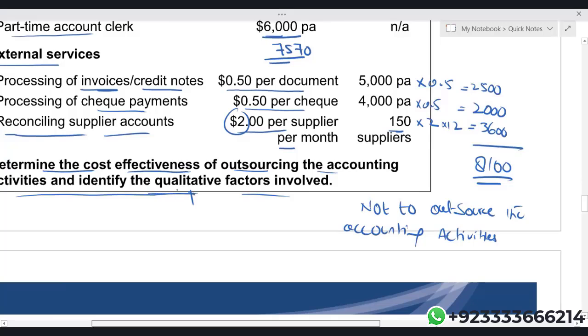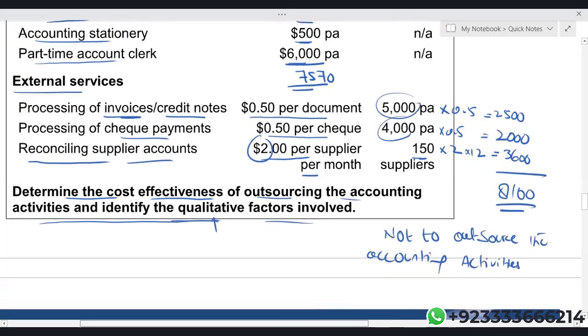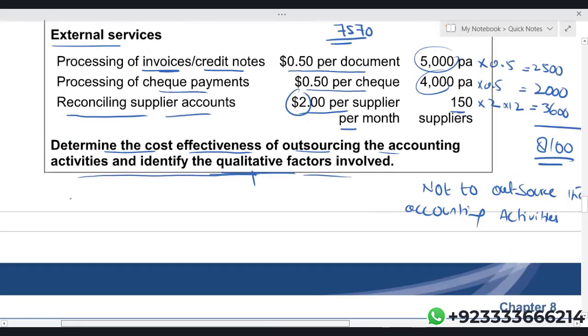When it comes to the qualitative factors, right now look at this, the volume is 5,000 and 4,000. It means if volume increases, then outsourcing becomes more expensive. Qualitative factors, one is increase in volume.